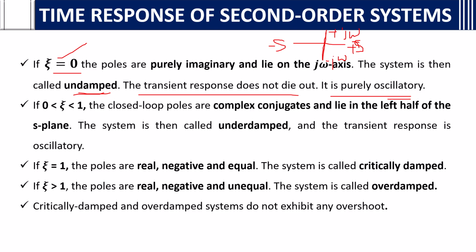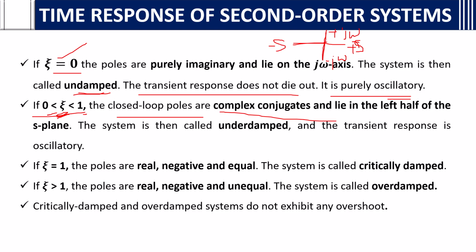If 0 is less than xi less than 1, that is, xi lies between 0 and 1, maybe 0.1, 0.2, up to 0.9, then the closed loop poles are complex conjugates and lie in the left half of the S plane.